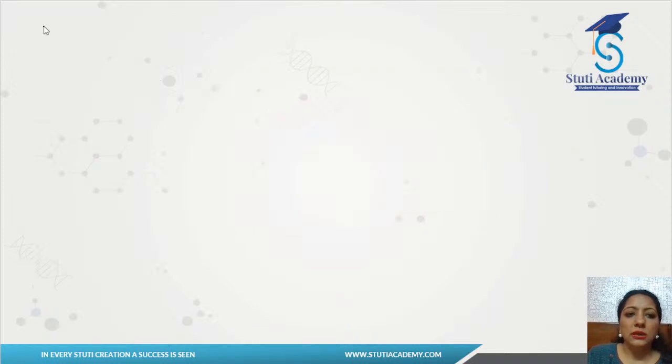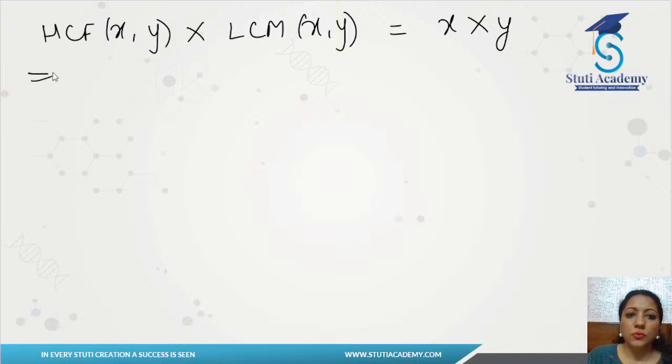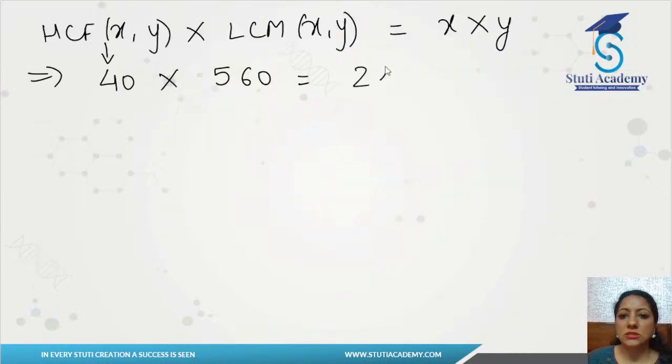We know that if we take the HCF of two numbers and multiply it with the LCM of those two numbers, it is the same as the product of the numbers. So in this question, the HCF is 40, the LCM is 560, which we've already solved, and one of the numbers is 280. So X is 280.